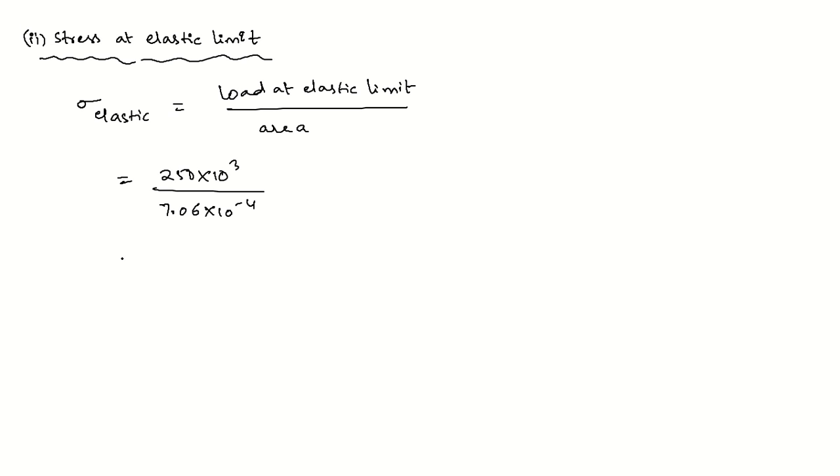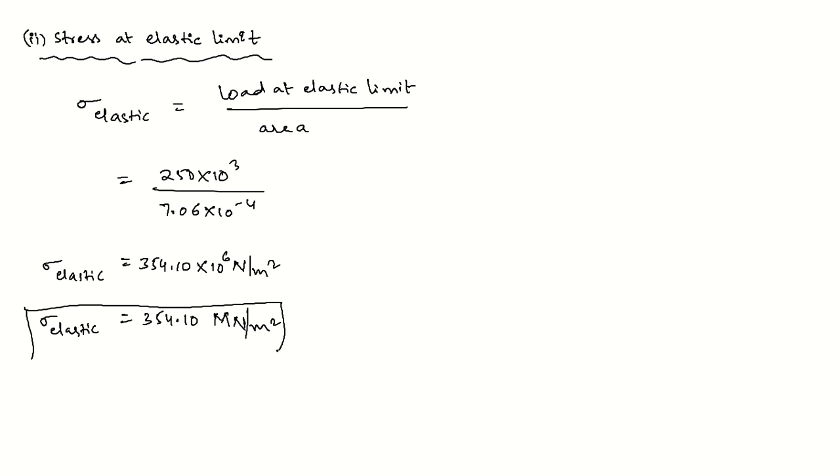So finally, we get sigma elastic as around 354.10 into 10 power 6 Newton per meter square. 10 power 6 Newton per meter square is called megapascal or mega Newton per meter square, correct, megapascal. So this is sigma elastic. So I am done with the second part of the question also.